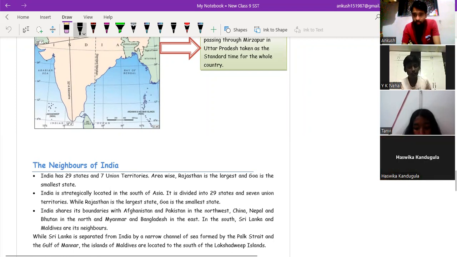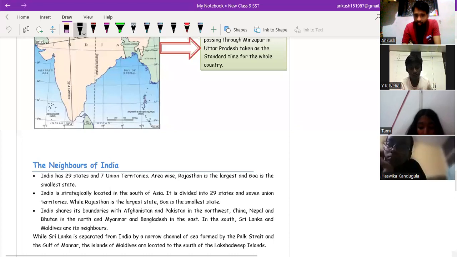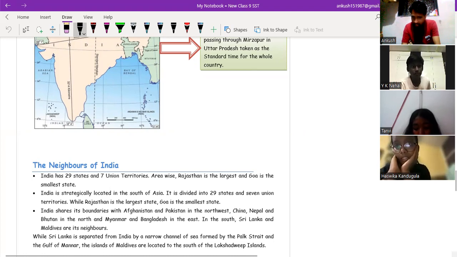India shares its boundaries with whom? Afghanistan and Pakistan in the northwest, China, Nepal, and Bhutan in the north, and Myanmar and Bangladesh in the east. In the south, Sri Lanka and Maldives are its neighbors.